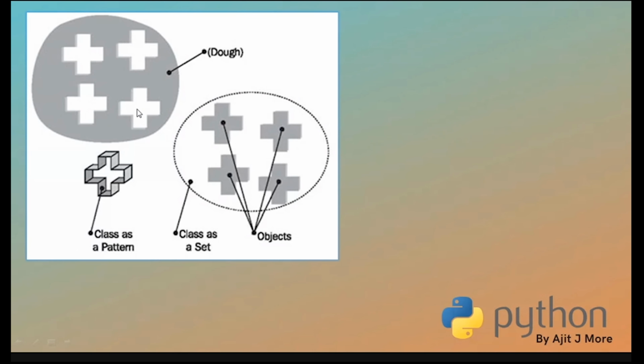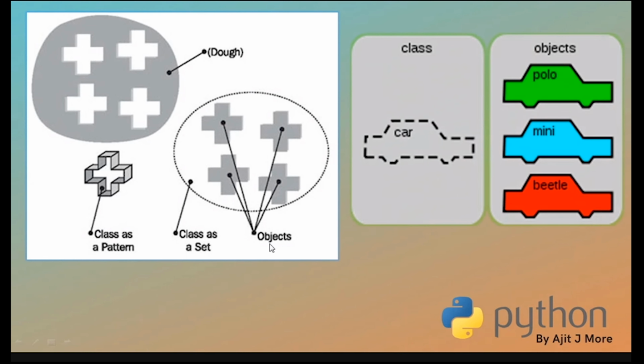Then we pick this and keep it aside. Again, we pick this and keep it aside. So now all these things which we have got, they are objects, and they all are of similar characteristic, similar behavior, and therefore they all are grouped into one class. Okay, so I hope you got it. This mold is the class, and using that mold, these all 4 copies which I've got, they are objects.